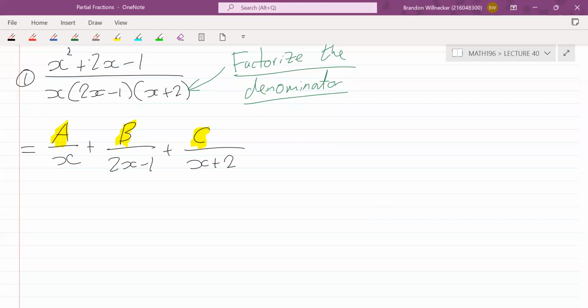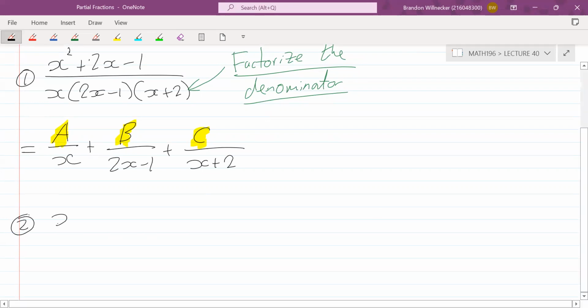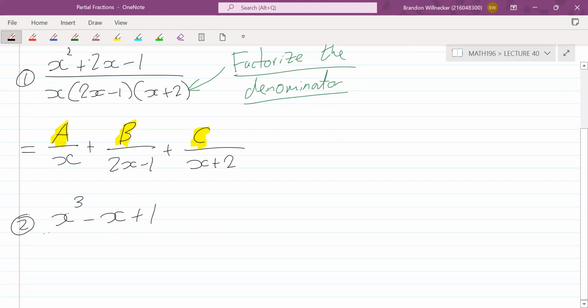Case 2 is if we have a product of linear factors, but some are repeated. Let's do an example of that. Let's say we have x cubed minus x plus 1 over, and let's say we factorize the denominator and we get the following: x squared times x minus 1 cubed.